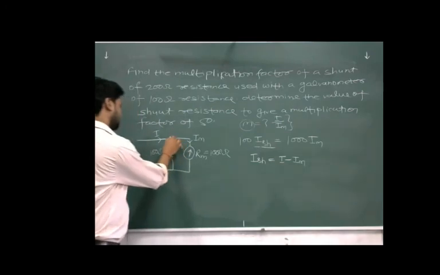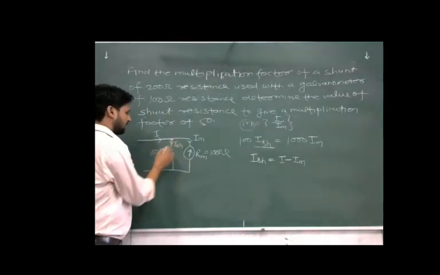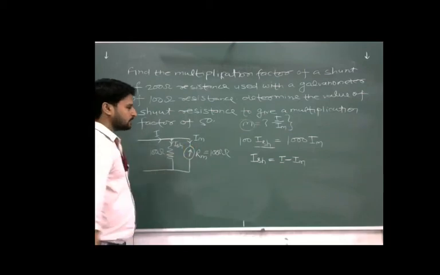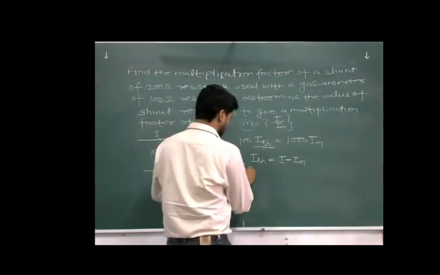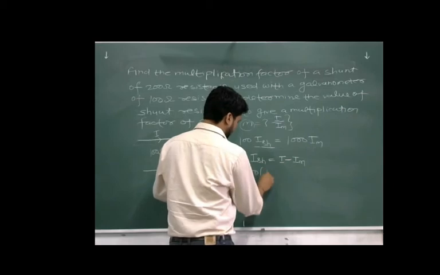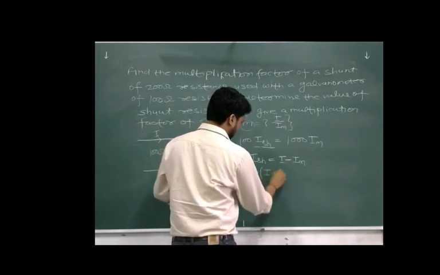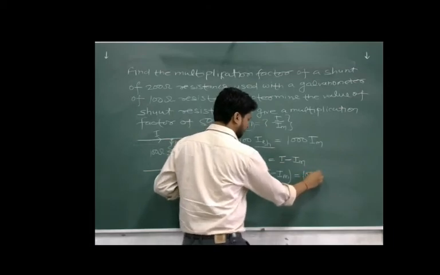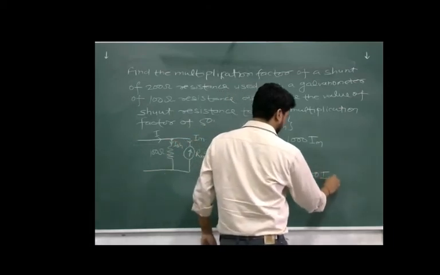So this becomes 100 into (I minus Im) is equal to 1000 into Im.